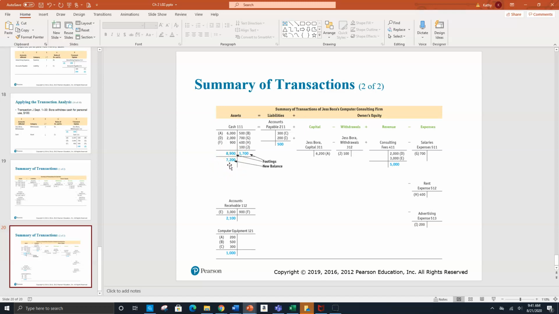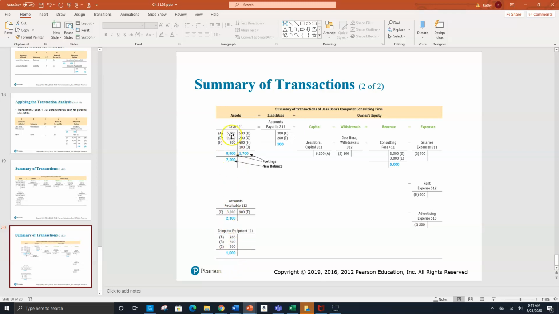And again, the normal balance of assets is a debit, which would make sense. Would you have a negative cash balance? Hopefully not. Sometimes there are situations where companies carry a negative cash, but generally cash should be positive. All your asset accounts should be positive.